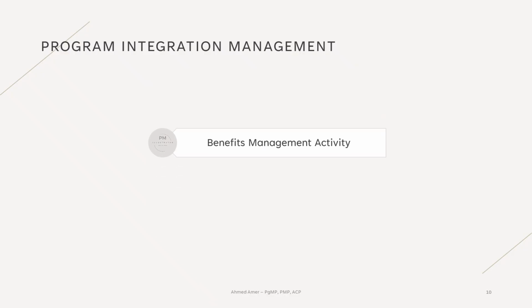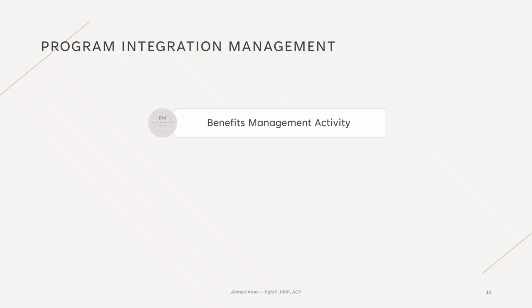As we have covered during the benefits management performance domain, typical activities include identifying and documenting expected benefits, often in a benefits register, with defined benefits owners and ways of measuring these benefits, analyzing and planning how and when those benefits will be delivered, including targets and KPIs, monitoring benefits realization during the program, and taking corrective action when benefits are off track.